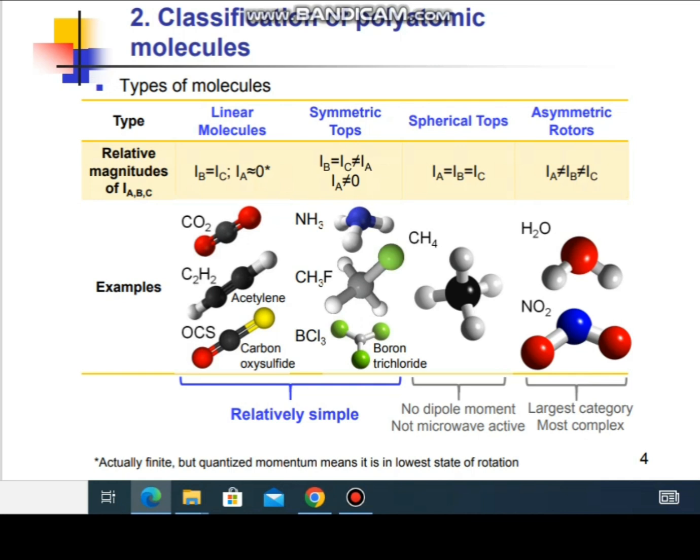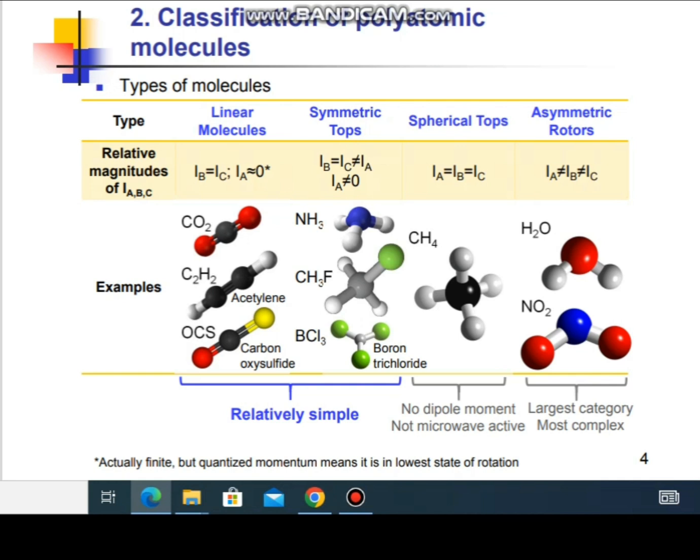For linear molecules, Ia will be equal to 0, and Ib will be equal to Ic. For symmetric tops, Ib will be equal to Ic, but not equal to Ia, and Ia will not be equal to 0. For a spherical top, Ia, Ib, Ic are all equal when it is symmetrical.